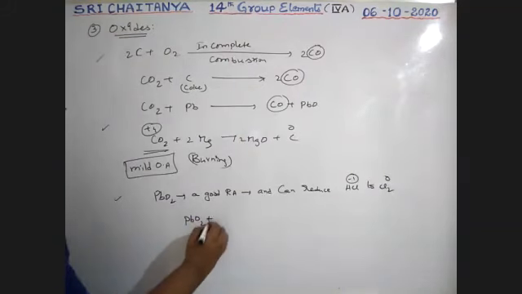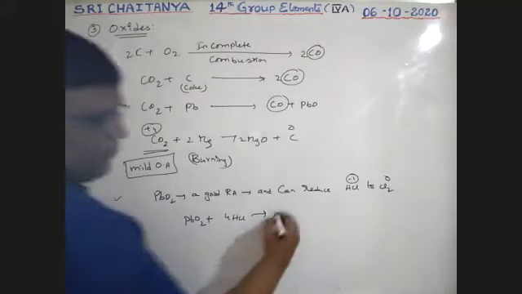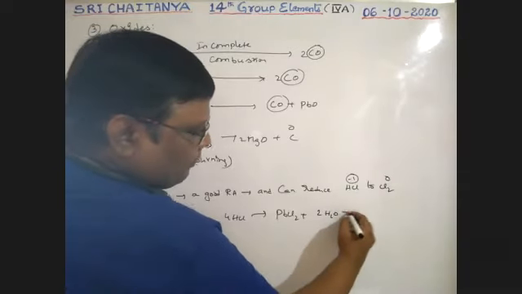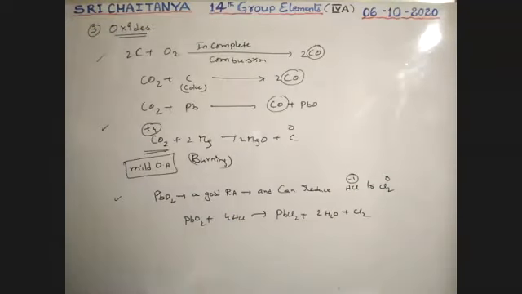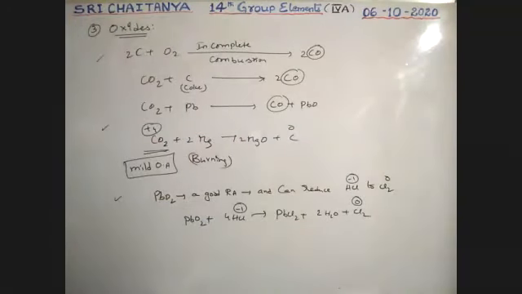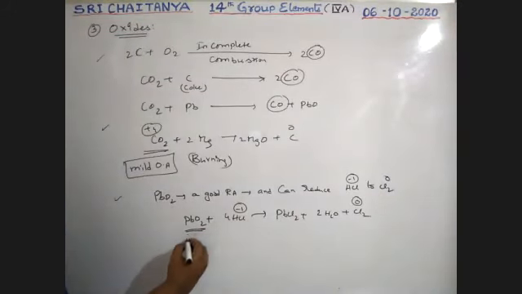PbO2 reacts with 4HCl, giving PbCl2 plus 2H2O plus Cl2 as the product. Here chlorine has oxidation state -1, here chlorine has oxidation state 0. So that is oxidized, boys. That oxidation takes place with PbO2. It is the best example of a good oxidizing agent.